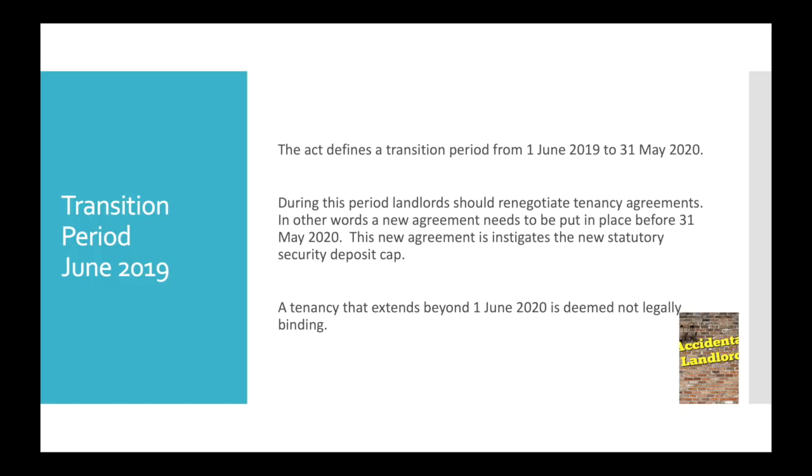So the Act defines this transitionary period as 1 year. It runs from the 1st of June 2019 to the 31st of May 2020. And what the Act says is that during this period, landlords, and agents if you use one, should renegotiate tenancy agreements. In other words, new agreements need to be put in place before the 31st of May 2020.